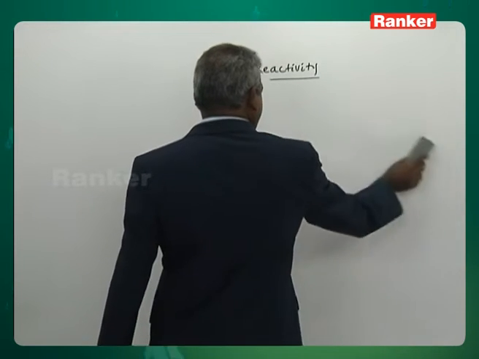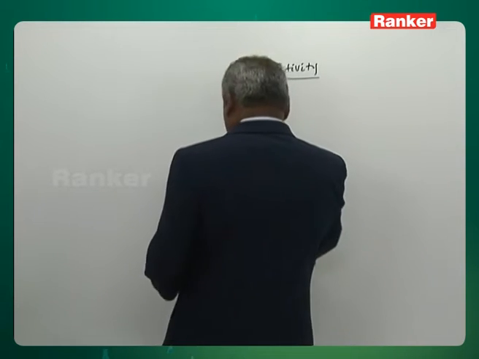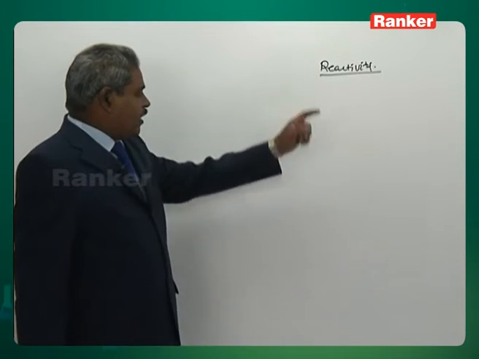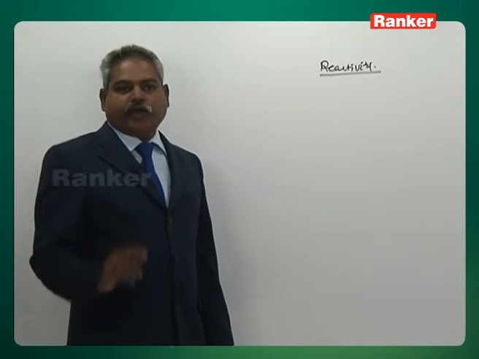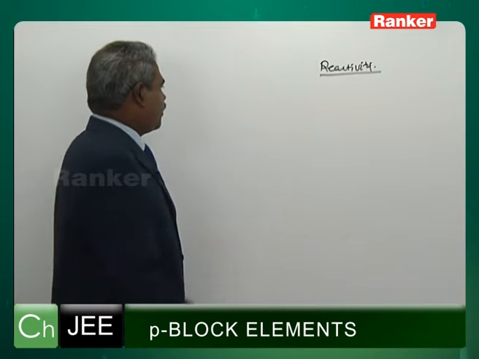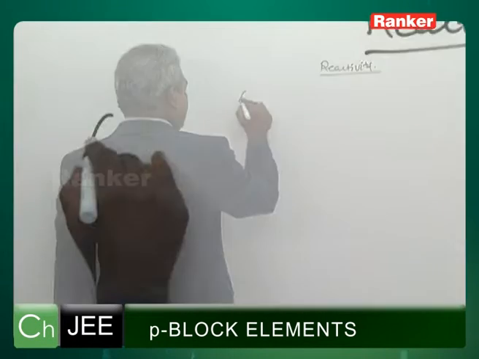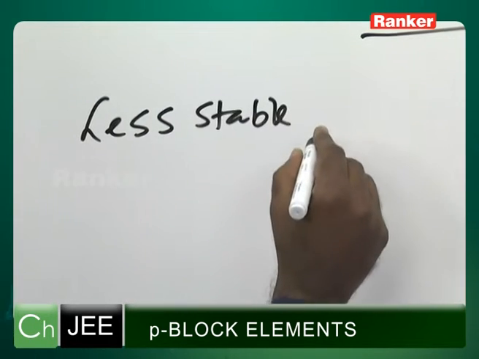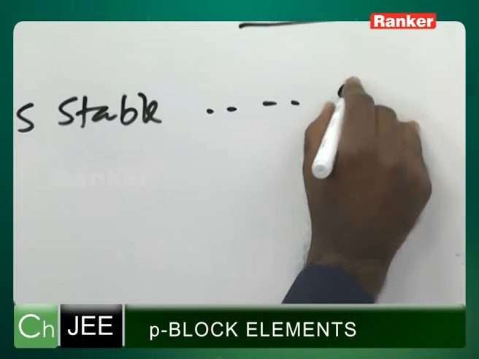This will definitely include so many things which we have already learned. See, I roughly will teach you 20 points to summarize most of the reactions. First point, this is less stable, given a chance.